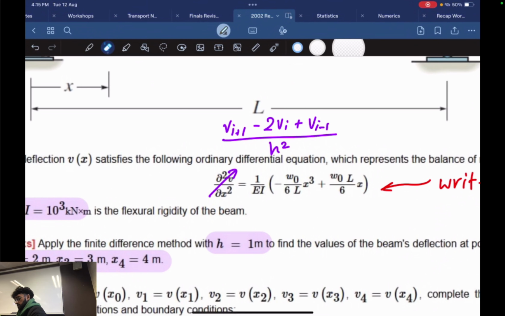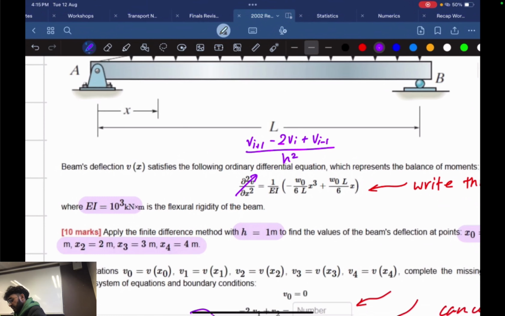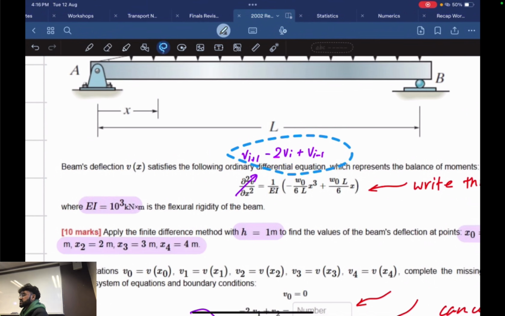Does that part make sense? In this question, they've given us h is equal to 1, but I've seen some people get h equals 2, h equals 4, and so on. But because h equals 1 in this case, I'm just going to ignore it and keep it as this, because h squared is just equal to 1.